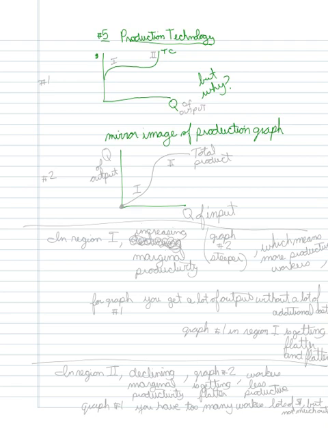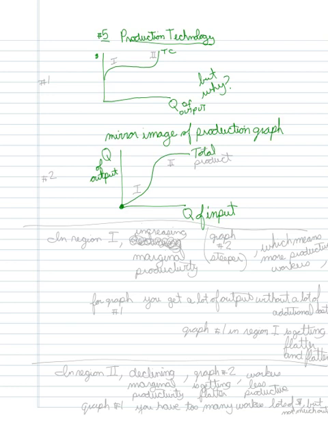Meaning that if I now change this, so that this is now the quantity of my input, and this is now the quantity of my output, what's happening here is that the inputs basically start to get less and less productive as I use more and more of it. Which means that if I don't have an input at all, inputs are used to make outputs. If I don't have any of the inputs, I can't make any outputs.